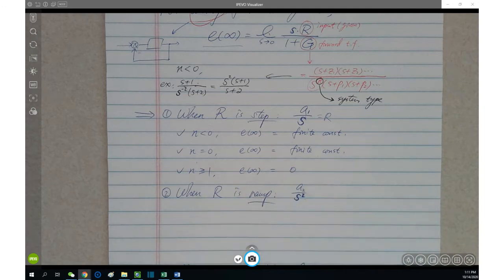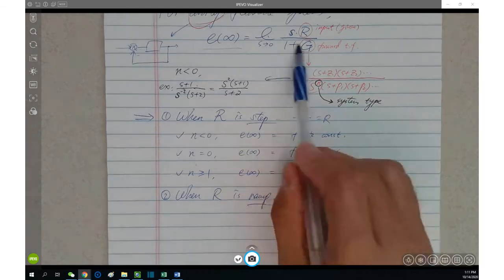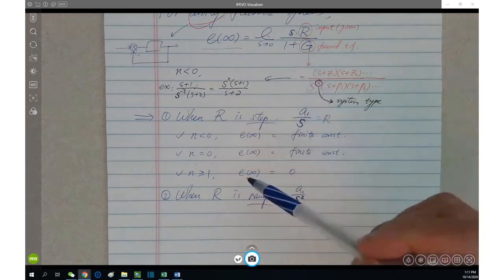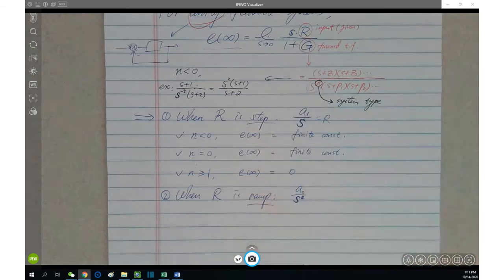Does it make sense? Because system type 2 means n is equal to 2, and then the steady state error is 0. It means you don't need to go through this calculation. Save that. This type is 2, so directly your steady state error is 0. Done.